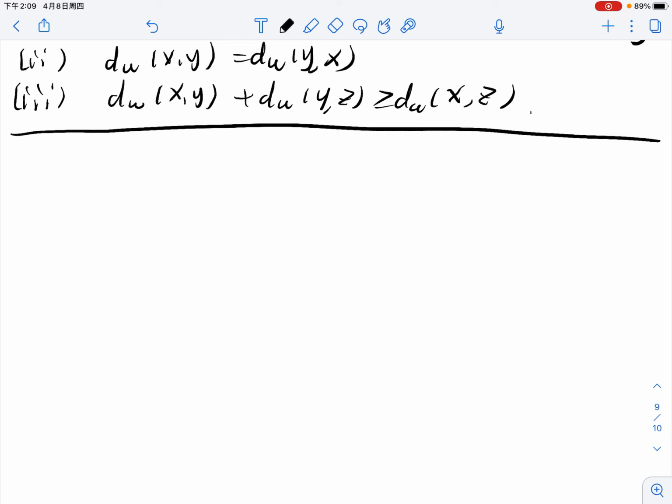Okay, next, recall that if omega is constantly 1, then it is just the previous distance we studied for the BFS method, breadth first trees.